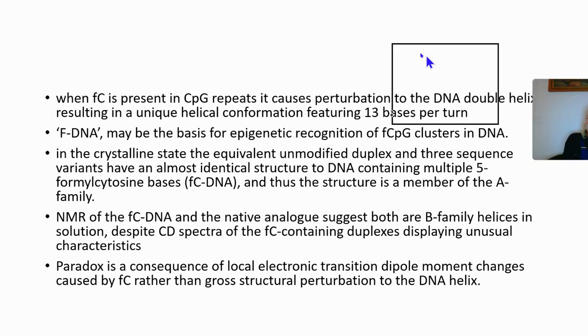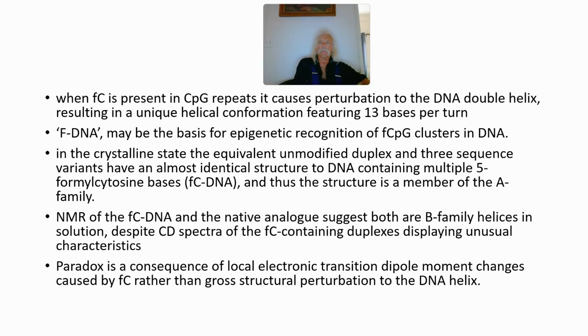Okay. Now, let's go into more detail about this. When you have formyl cytosine and it's present in CpG repeats, also known as islands, that are linked to promoters or enhancer regions that are going to be 5' and proximal to the open reading frame for transcription of any given gene.